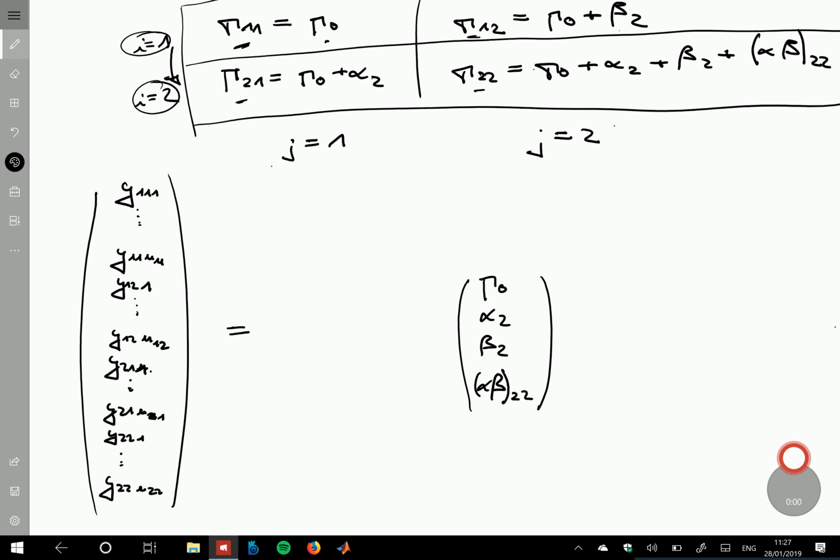So mu11 needs the mu0 only, so it has zeros for the remaining ones. And then mu1 2 has the mu0 and the beta 2, so it has 1, 0, 1.